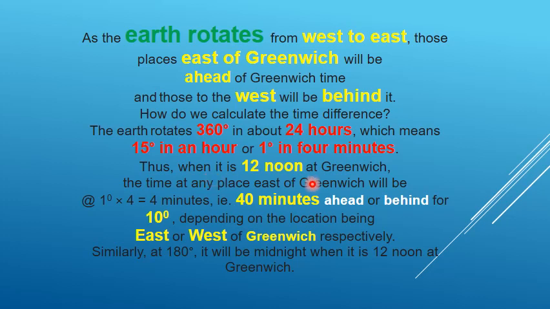Thus, when it is 12 noon at Greenwich, the time at any place east of Greenwich will be 1 degree multiplied by 4 equals 4 minutes. You see here, that is 40 minutes ahead or behind for 10 degrees, depending on the location being east or west of Greenwich respectively. Similarly, at 180 degrees, it will be midnight when it is 12 noon at Greenwich.